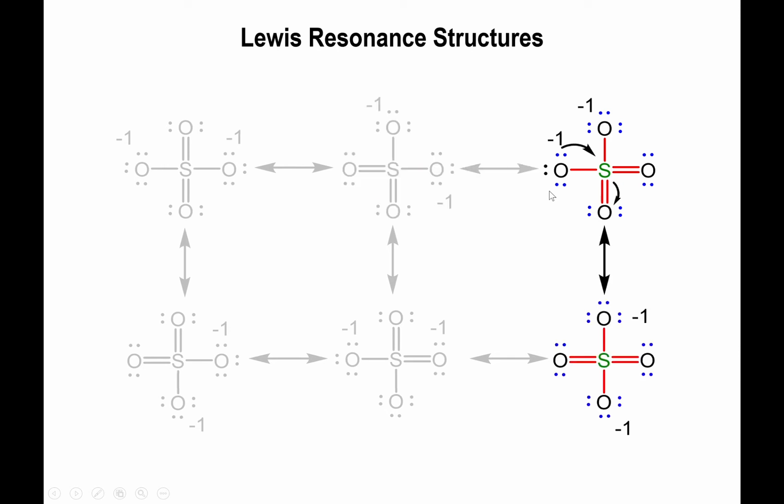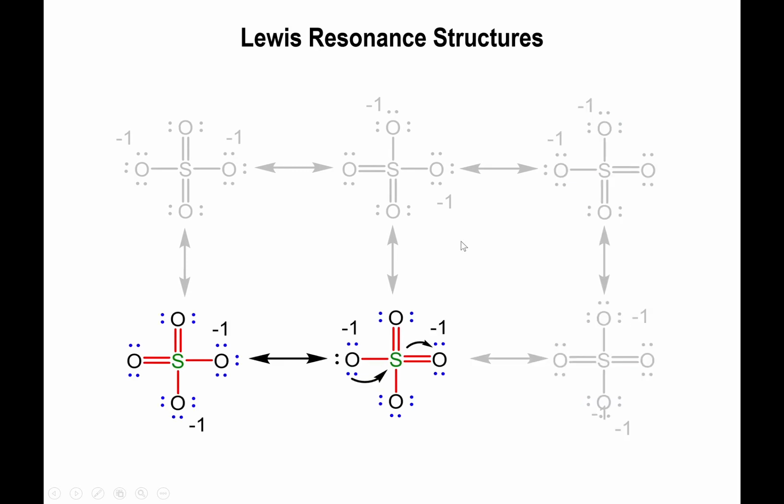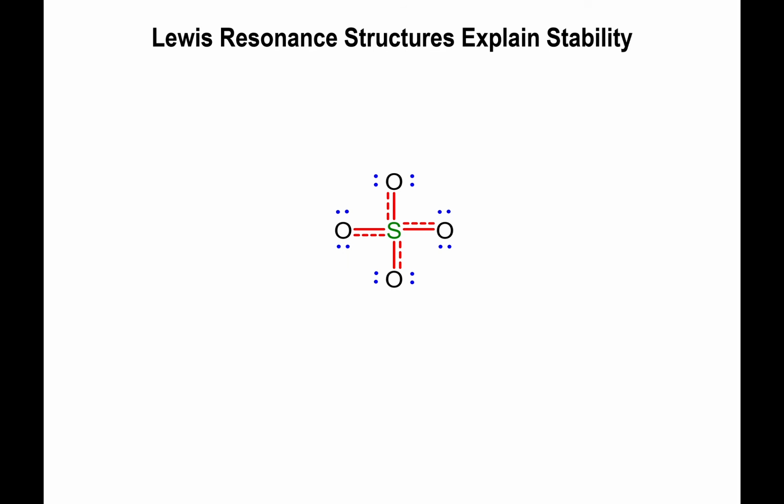The same procedure can be applied every step of the way until basically you go through each possibility of rotating the double bonds from one direction to another. All taken together, what we're really seeing is a picture of average double bonds and single bonds, because at any given time, two of the oxygen sulfur bonds are double bonds, while the rest of the sulfur oxygen bonds are single bonds.